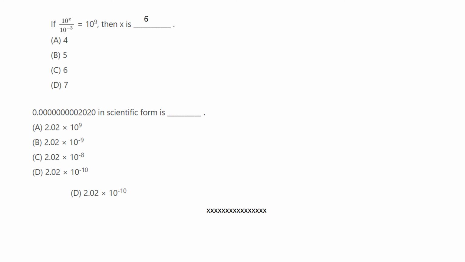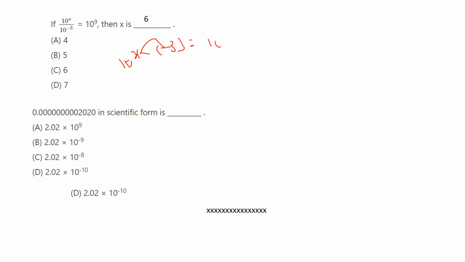Next, 10 to the power x by 10 to the power minus 3 equal to 10 to the power 9. So here you see a to the power m divided by a to the power n is a to the power m minus n. So 10 to the power x minus of minus 3, that is minus into minus plus, equal to 10 to the power 9.